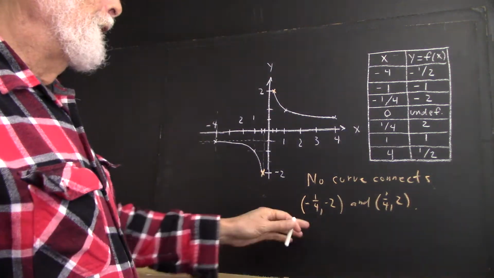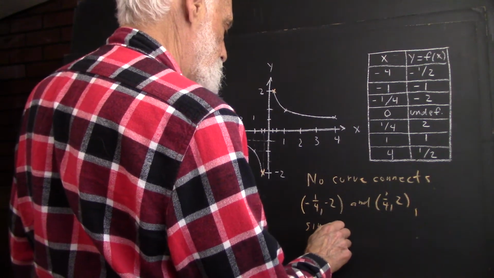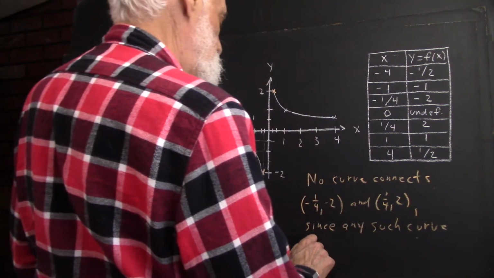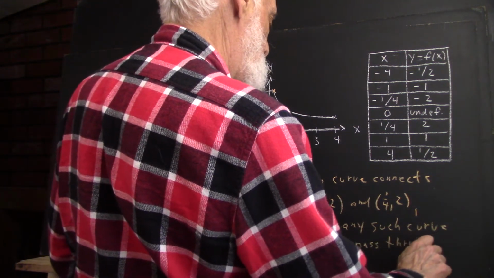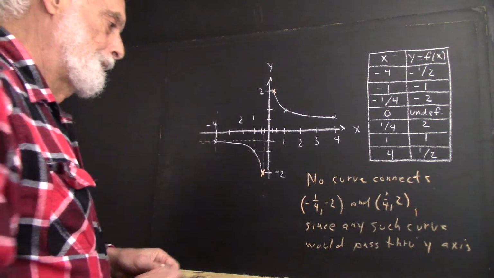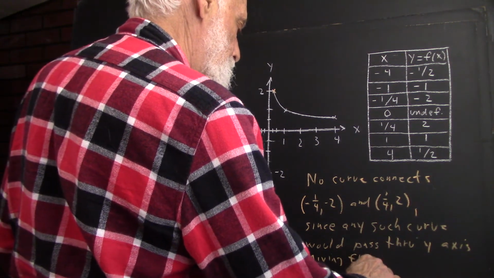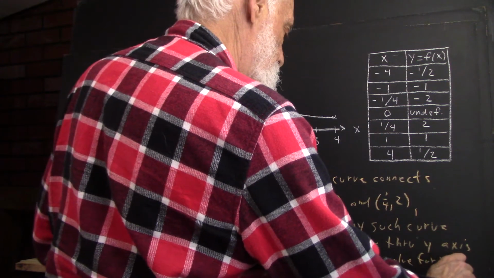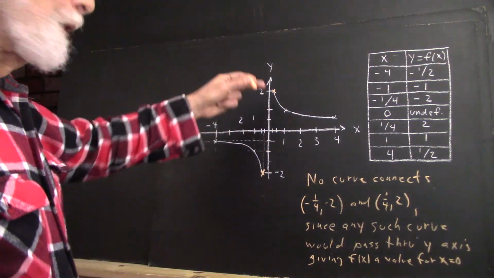So no curve connects this point to this point, since any such curve would pass through the y-axis and give the function a value for x equals 0. Okay, so we can't do that.